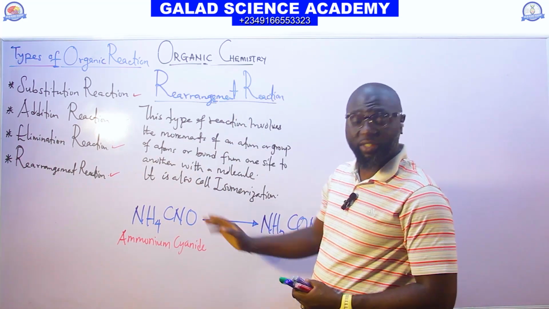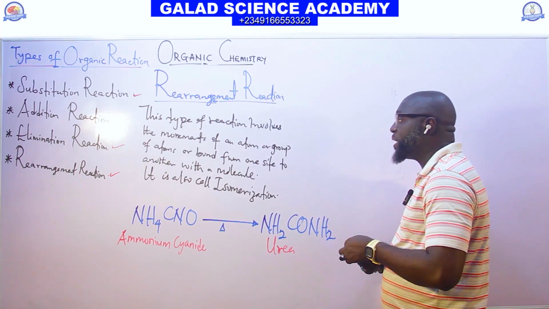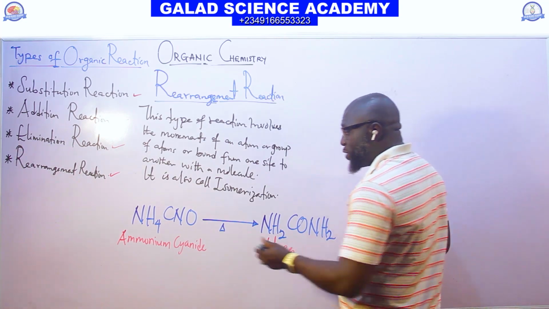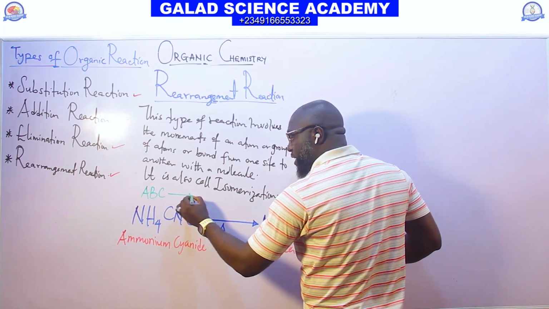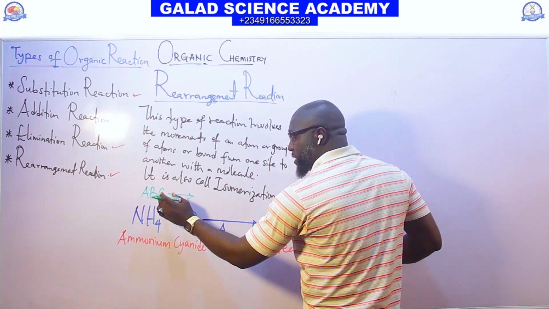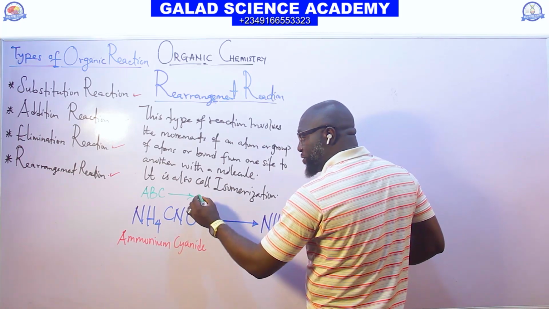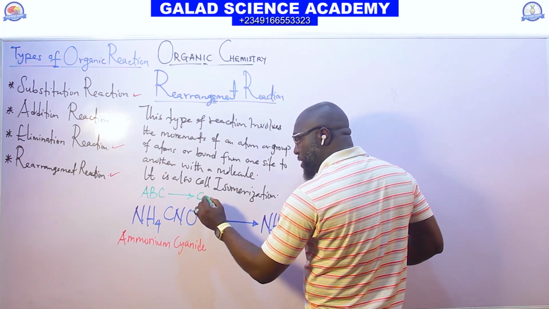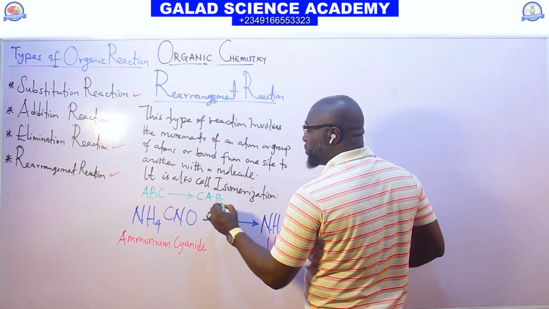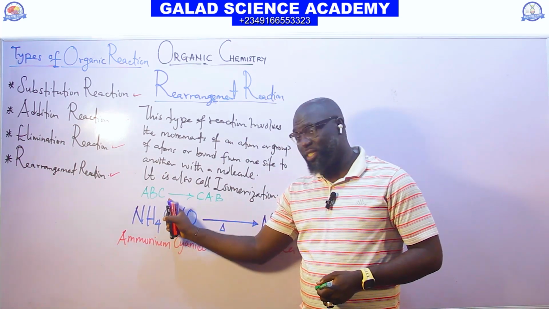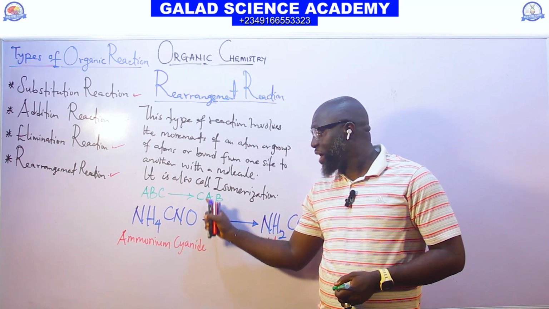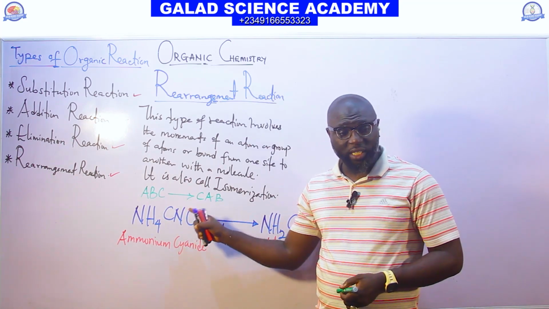In this rearrangement reaction, let me give you the basic understanding of it. If you have ABC together, you can have it as CAB. You can see that this compound contains ABC, but on the product side, we have CAB, still the same.